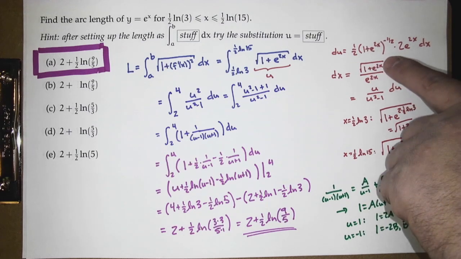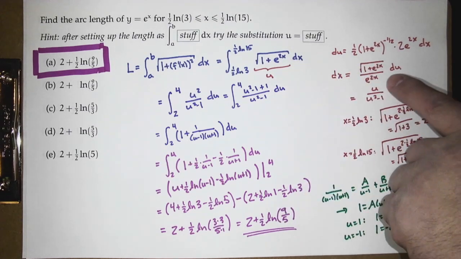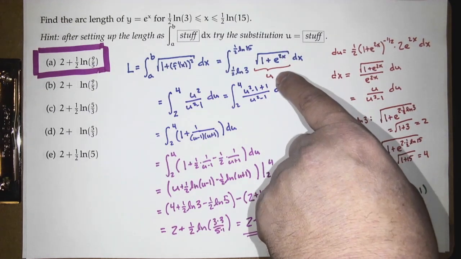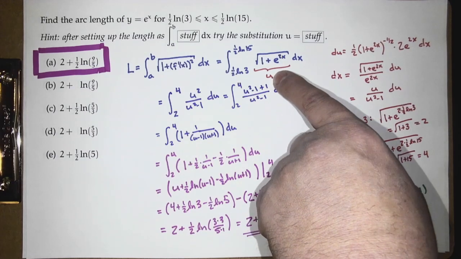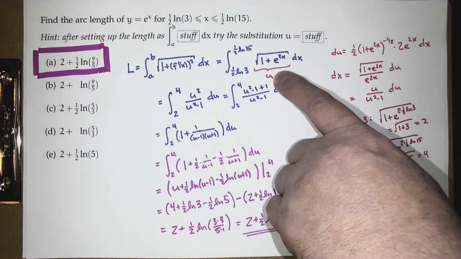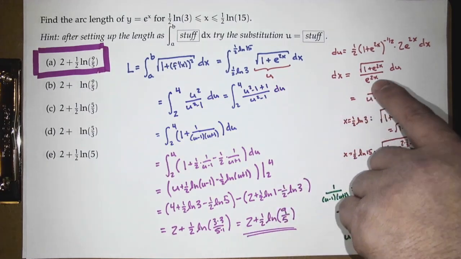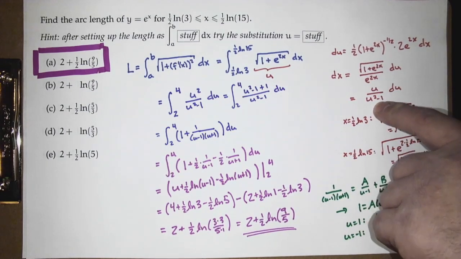And you say, aha, square root of 1 plus e to the 2x is u. But how do you get to e to the 2x? If u equals the square root of 1 plus e to the 2x, square both sides and subtract 1. So e to the 2x is u squared minus 1.